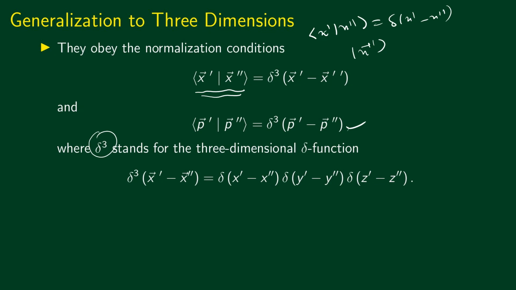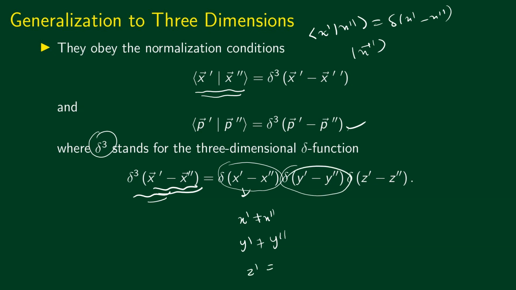This is how we write it. Delta cube of x vector prime minus x vector double prime is equal to delta of x prime minus x double prime multiplied by delta of y prime minus y double prime multiplied by delta of z prime minus z double prime. So the three-dimensional Dirac delta would be 0 if any of these terms are 0. For example, we know the property of the Dirac delta: if x prime is not equal to x double prime, then this value is 0. If y prime is not equal to y double prime, then this term is 0.